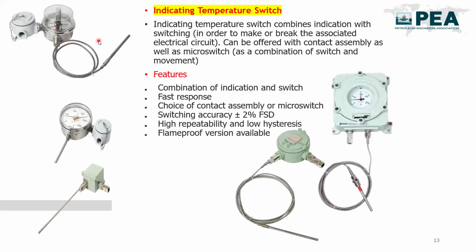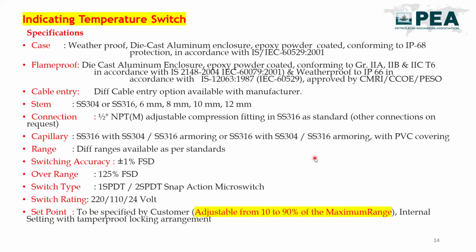Because this switch will be connected with a cable. Once a cable is connected to any instrument, not only a switch, in the oil and gas industry you will have to consider the hazardous area classification. So the case will be selected keeping the hazardous area classification in mind.